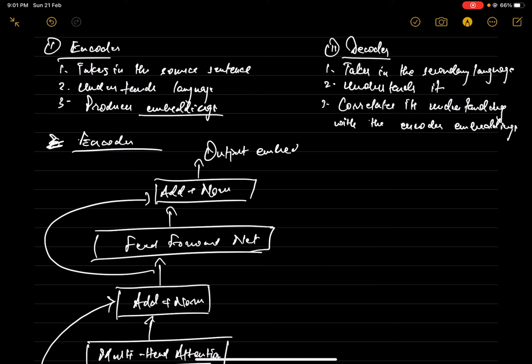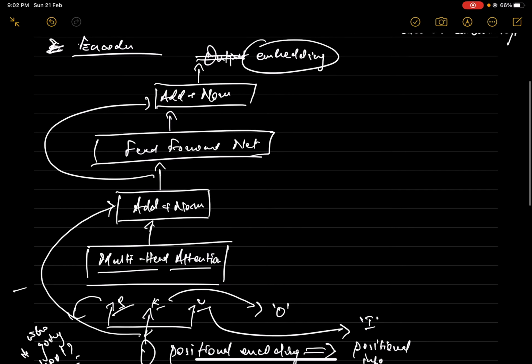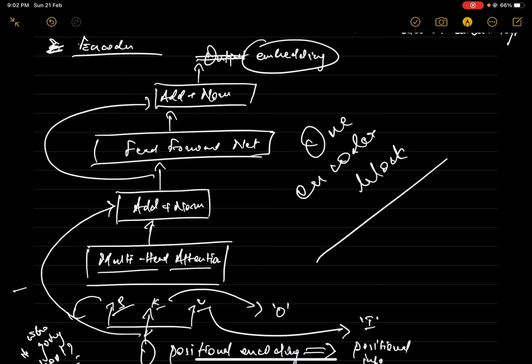Okay, not output, just the encoder embedding. This embedding over here is then used by the decoder to do whatever I have listed over here. So this essentially is one encoder block.